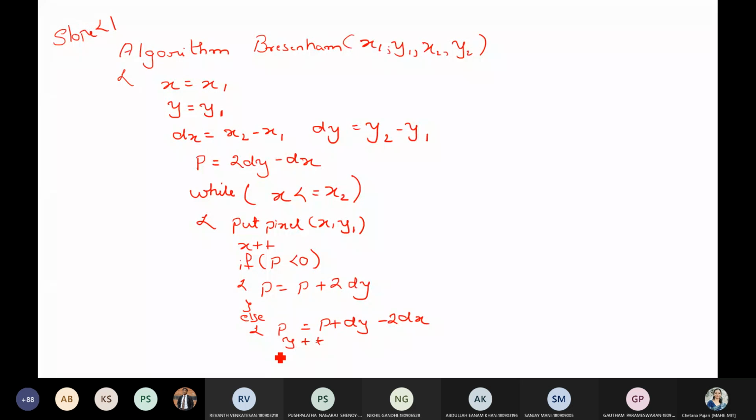Close. So this is Bresenham algorithm, which is making use of the concept.